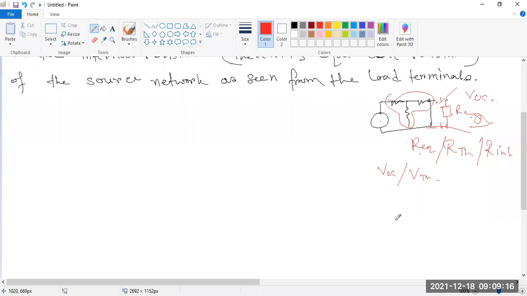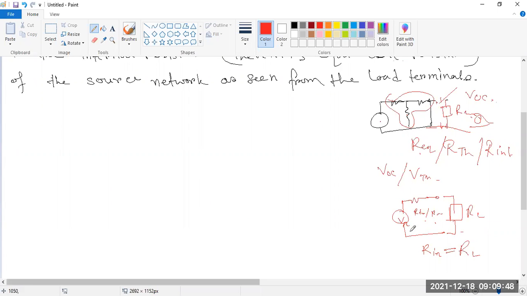So make this circuit like the Thevenin equivalent, with VOC and RTH. Then add this RL again, and it will receive the maximum power only when R internal equals R load. Otherwise it will not give the maximum power.